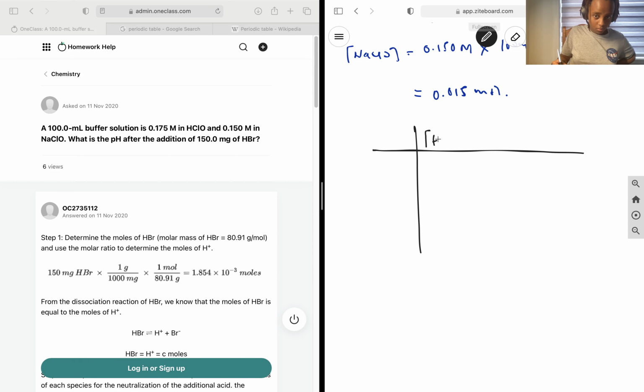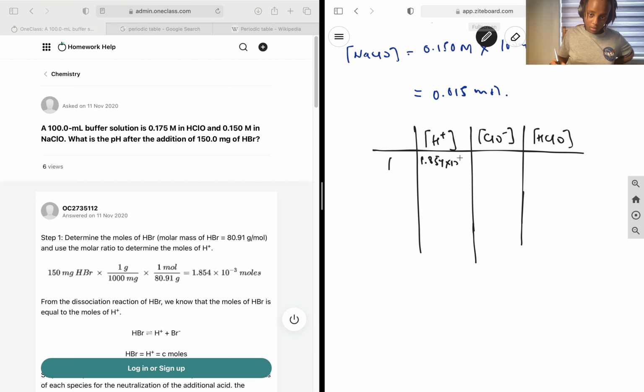We have 1.854 times 10 to the negative 3, 0.015, 0.0175.